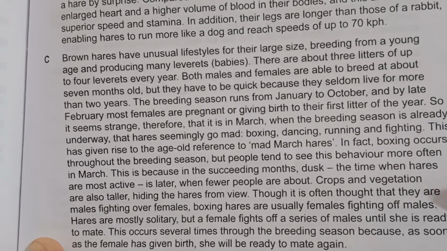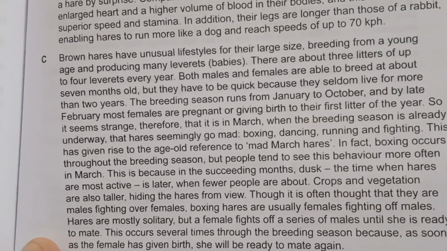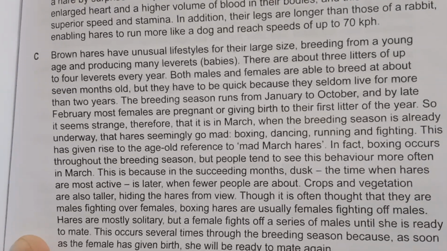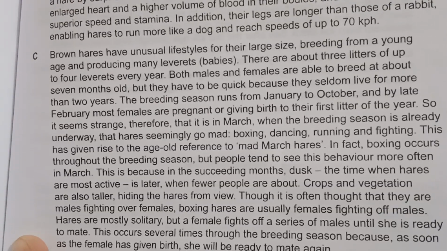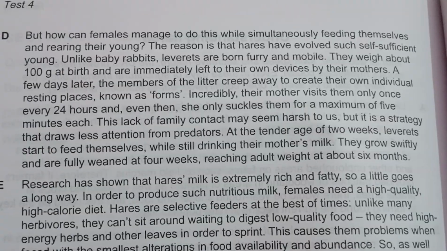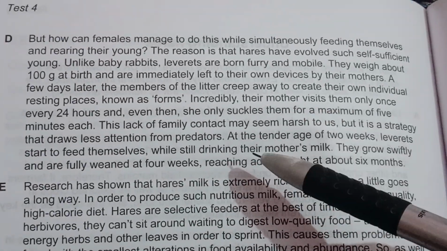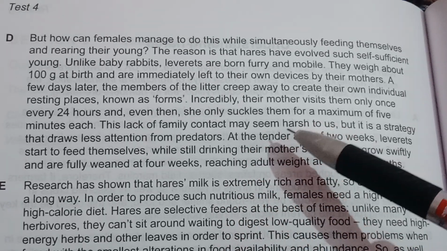So it is clear that in paragraph A I got the answer, in B there is no information, and in C again there is no information. That is why the MCQs in the third passage are the most difficult ones, because the answers are scattered throughout the passage. Now, in paragraph D, I have got the location, and the location is here.